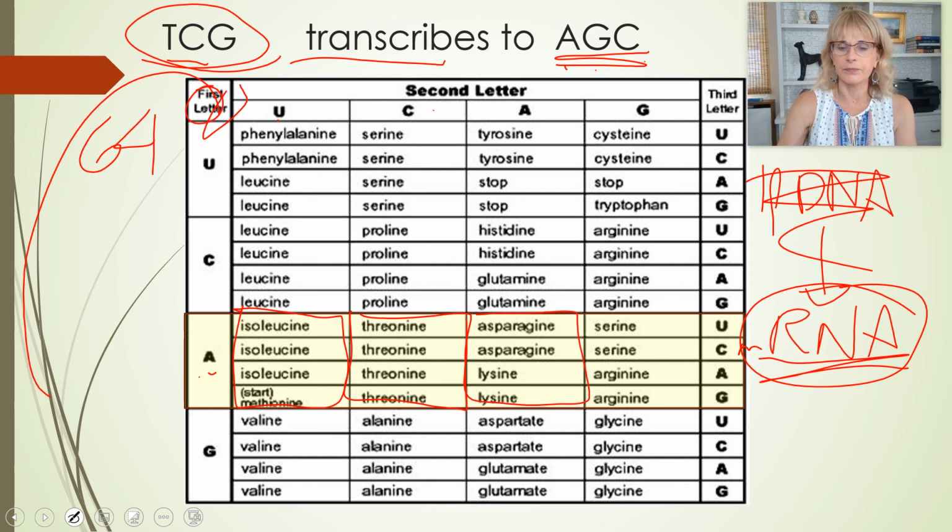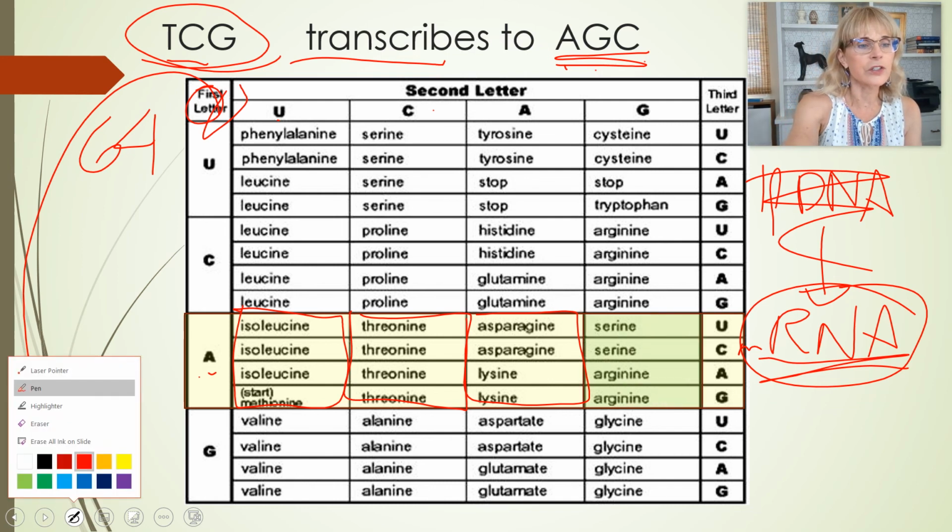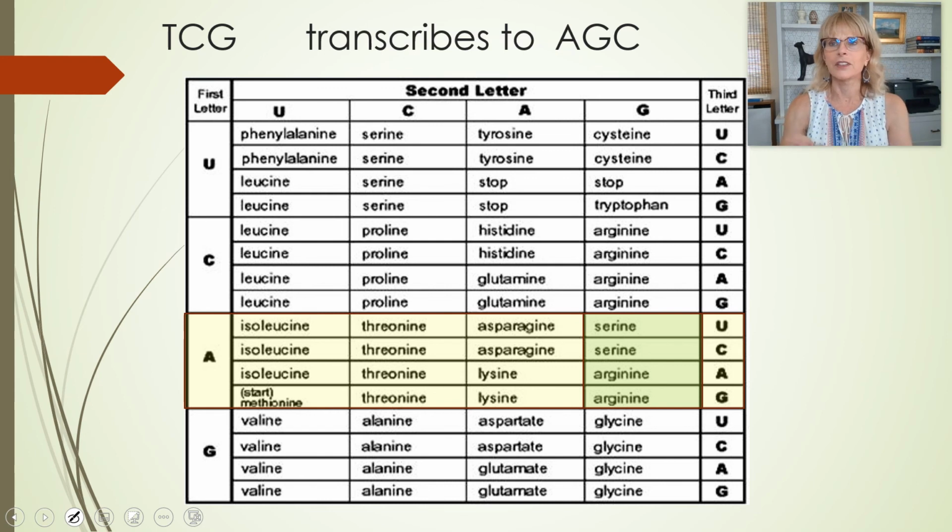You need AG. All of these guys that are here, they start with AG, the box in green. Great. We're almost there. We need to find AGC. So we go to the third letter, AGC. Boom. The answer is serine. Got to be able to do that.